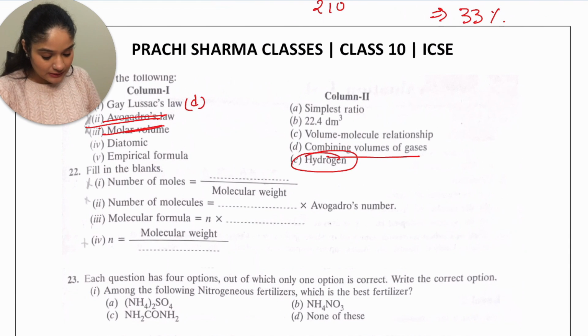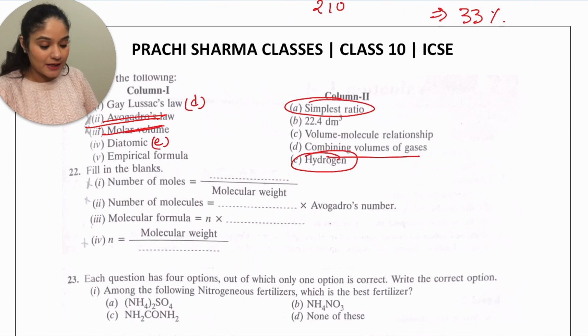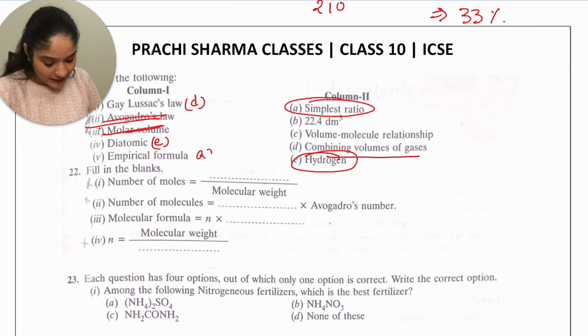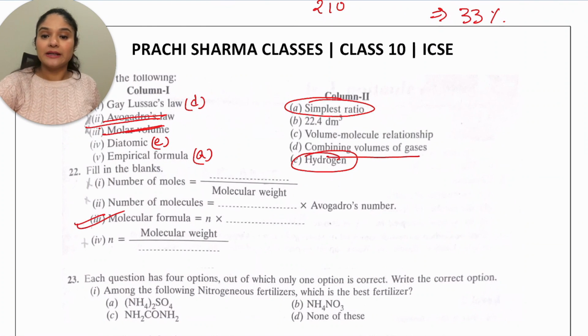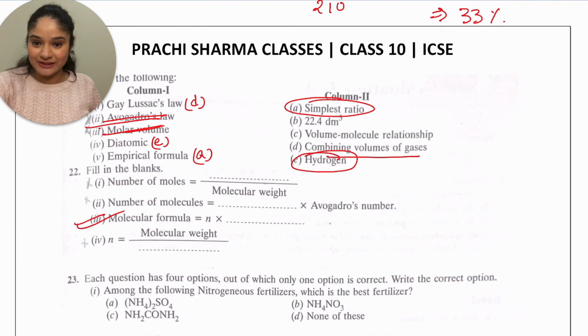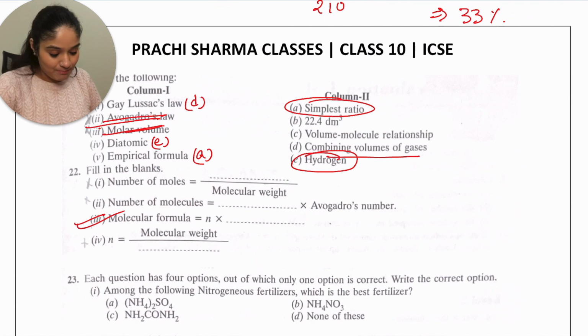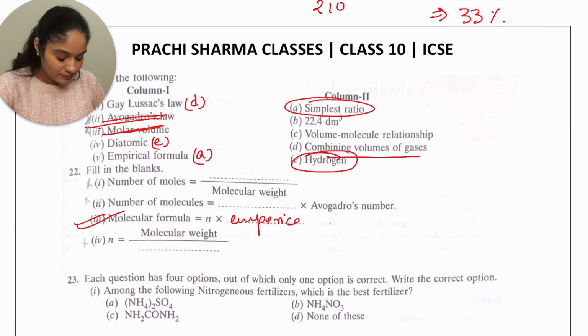So your answer is E. Then empirical formula is related with simplest ratio. So your answer is A. Then fill in the blanks. Only the third one is in the syllabus. This is the same formula that we have discussed today in a few questions. Molecular mass equals n times empirical formula.